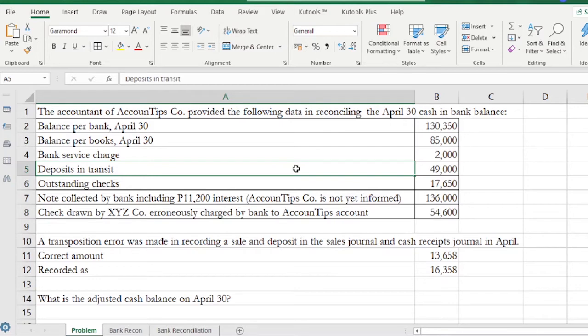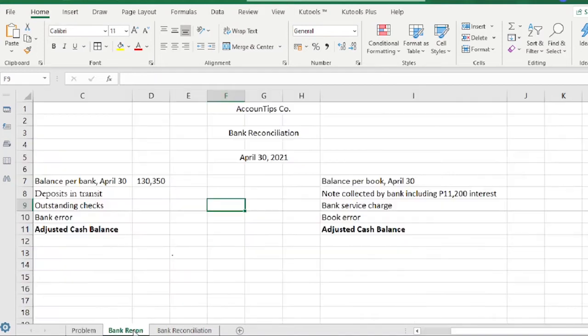Accordingly, we have to add 49,000 deposits in transit to the balance per bank amount in order to account for the unrecorded deposits. The bank balance is understated without recording these deposits. That is why the operation that we will use for this adjustment is addition. So we can also input it now in our deposit in transit.